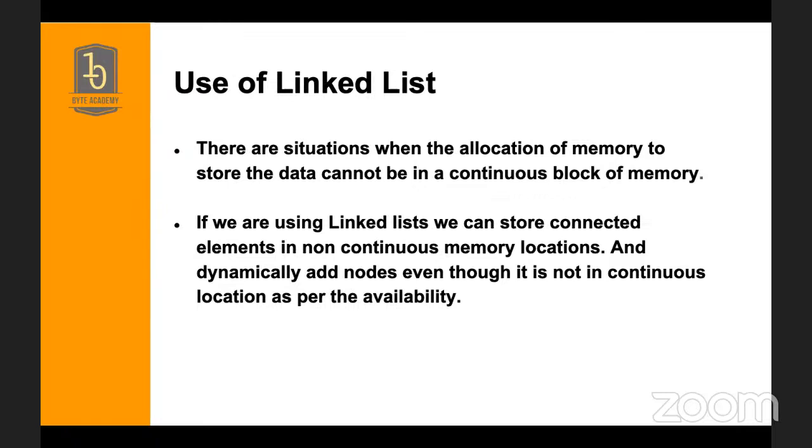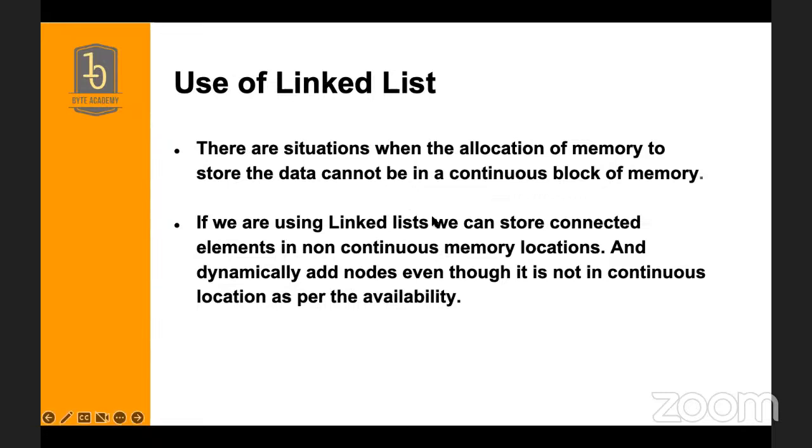You have a set of values to store in a sequential way, meaning the elements should be connected, so you know after this is the next element, and after that, which one is next. You need that sequential order, but you don't have continuous memory locations to store those values. That time you can use a linked list.